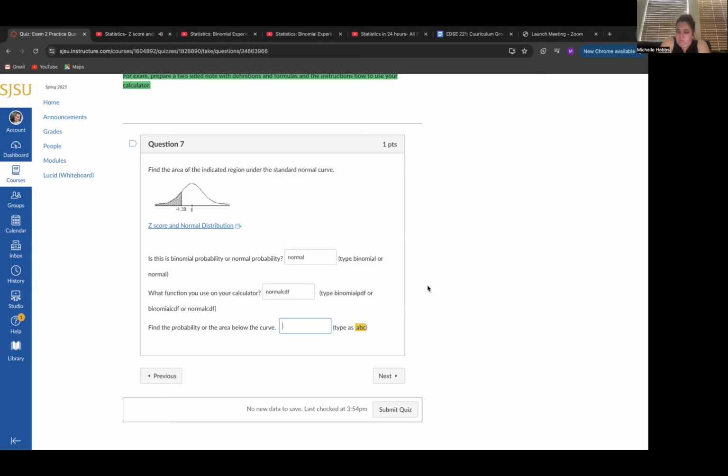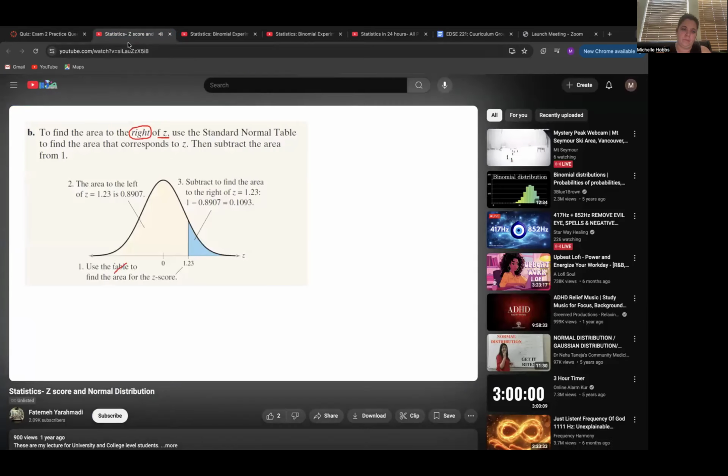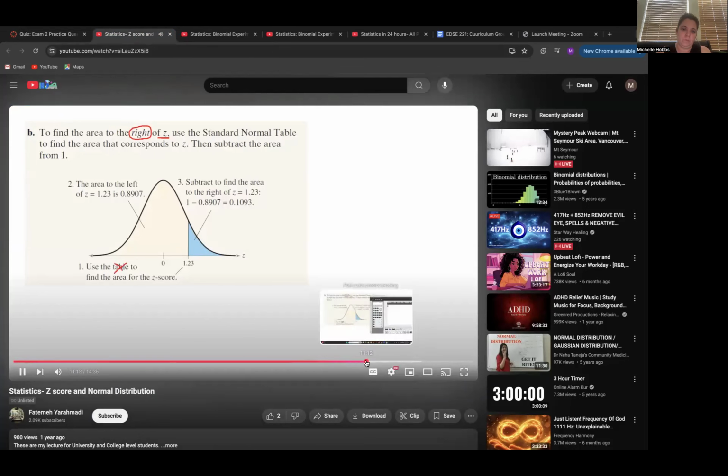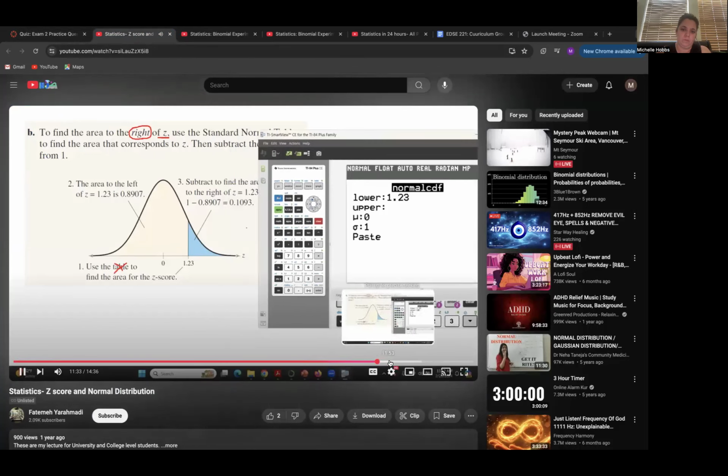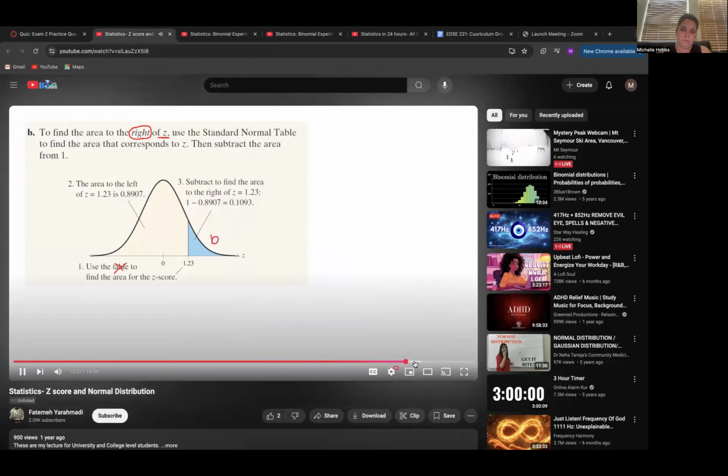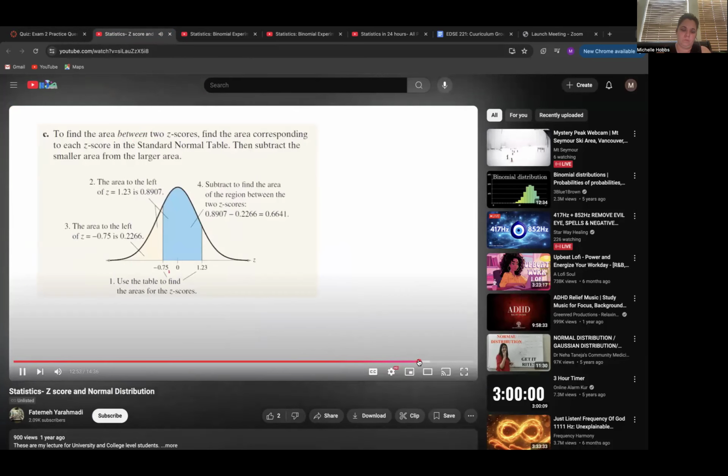This is what we calculated. Now, what if I ask you to find the area on the right-hand side of 1.23? Well, what are you going to do? We're not going to use a table. A table is very old-fashioned.